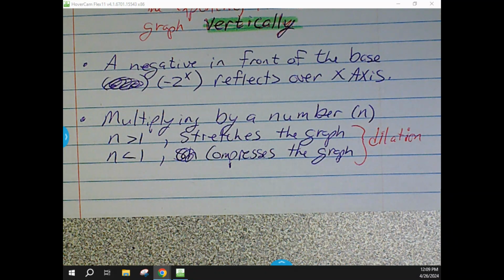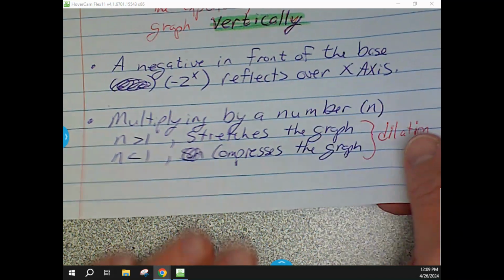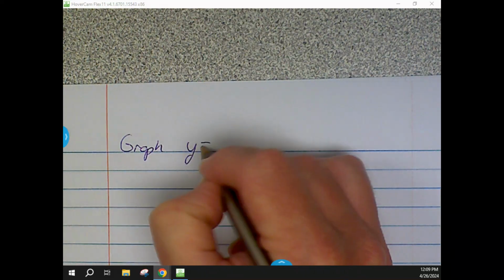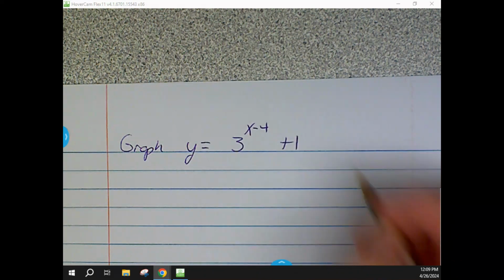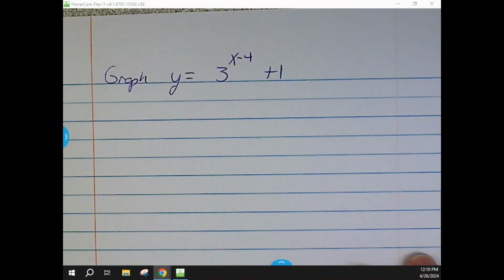Okay, so that's the big things that we're looking at. That's the main stuff we have to have. So the graph y equals 3 to the x plus 4, or 3 to the x minus 4 plus 1.